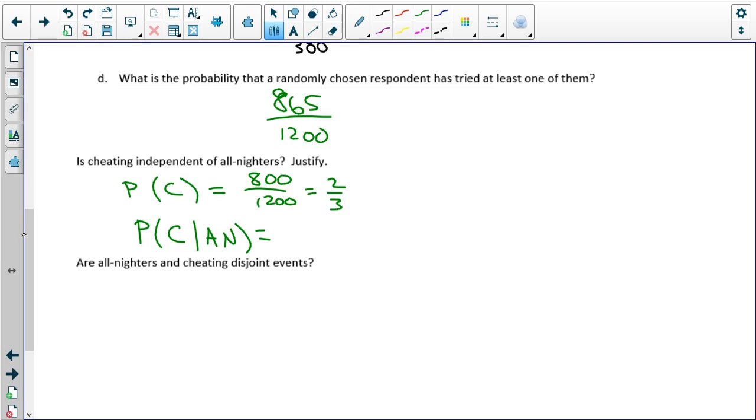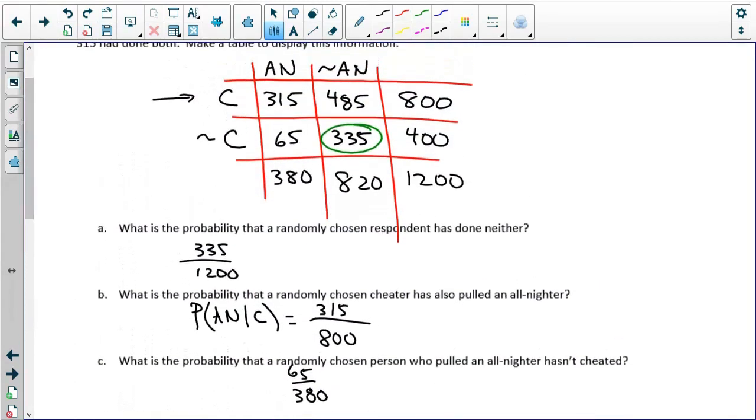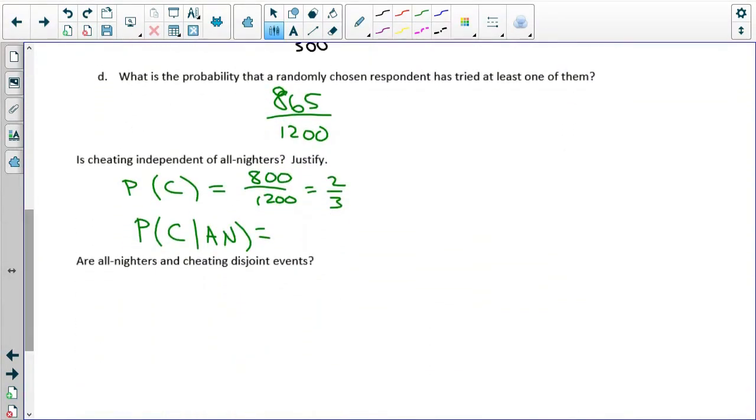The probability of cheating given an all-nighter, so if we have given an all-nighter, that's 380, and then cheating and all-nighters is 315. So 315 out of 380 looks like it's way bigger than 2/3. So that's about 0.829. So since these are not the same, that means that we are not independent.